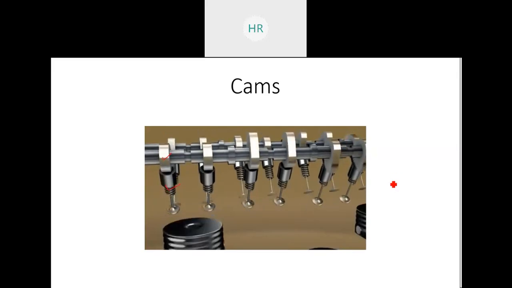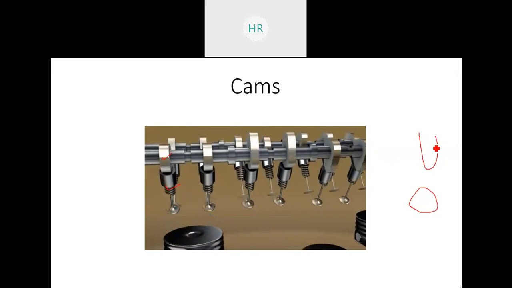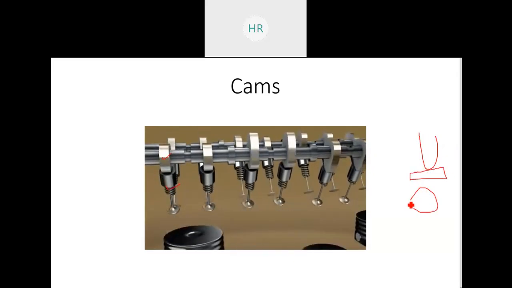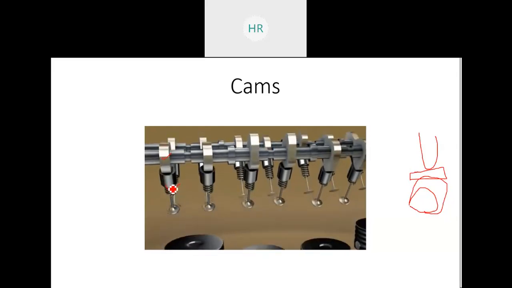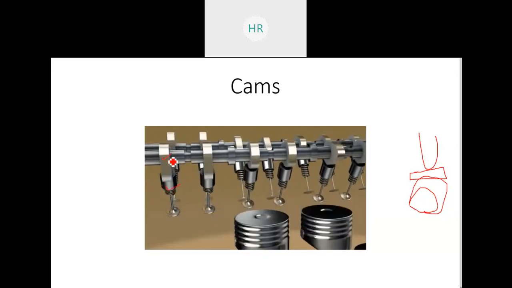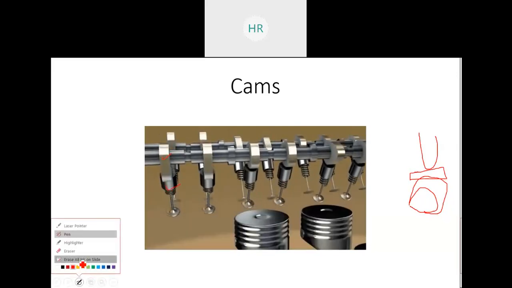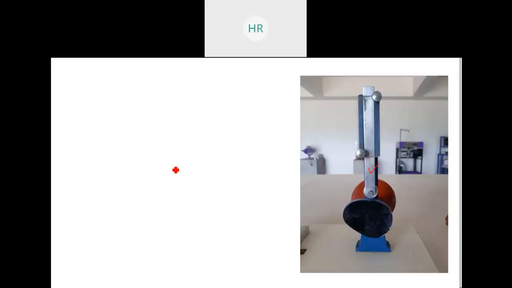You should not assume that because I showed the cam at the bottom and the follower on top in the figure, it is always like that. Many times it is possible that our follower is on the downside and the cam is on the upside. That is also applicable, but their connection is flat face type.